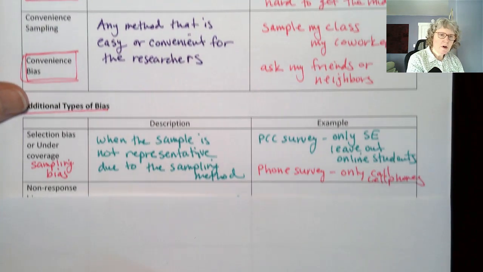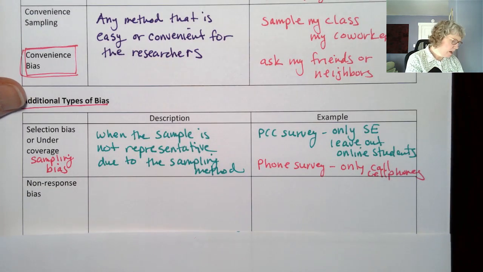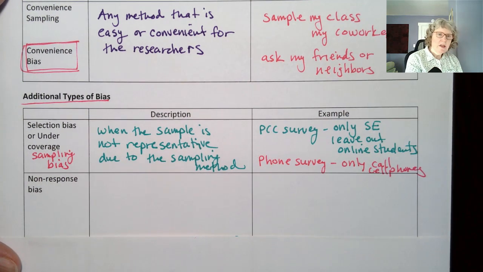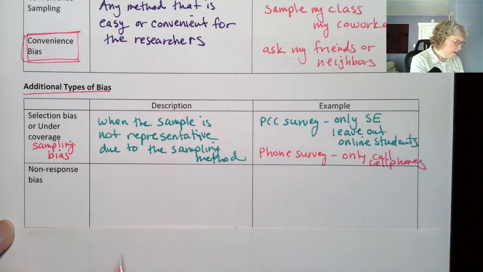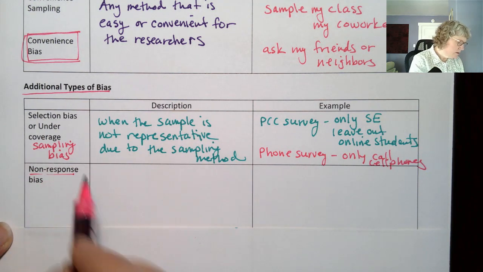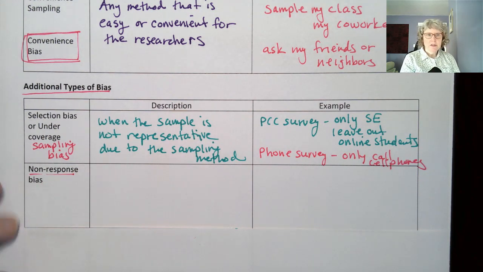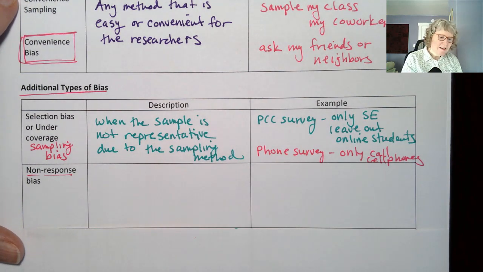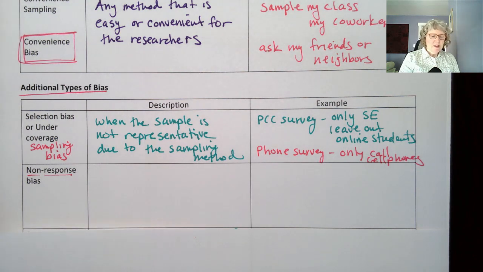Okay, a couple more. There's non-response bias. Okay, so non-response bias is what it sounds like, someone doesn't respond. We can't force people to participate, right? We don't want to force people to participate. So this is different than voluntary, okay?